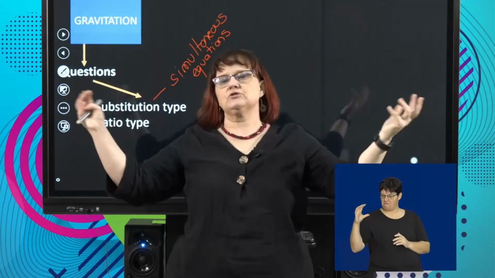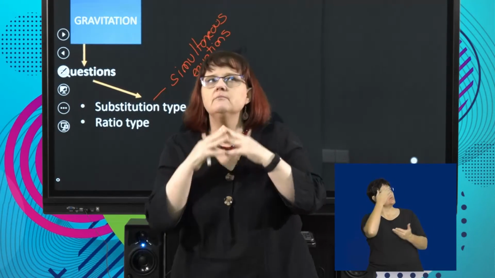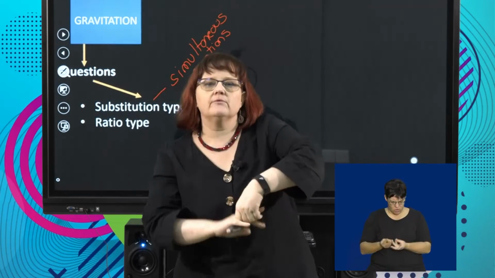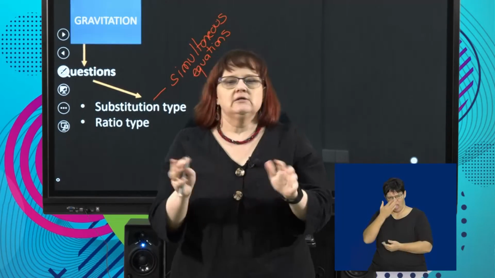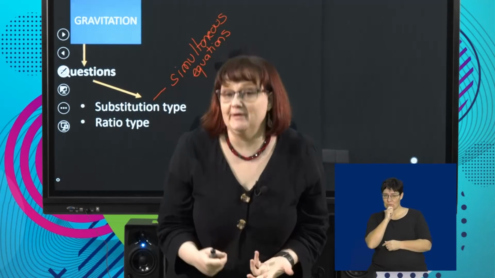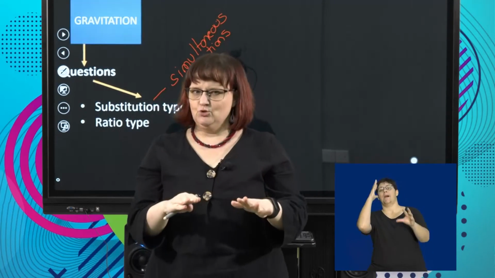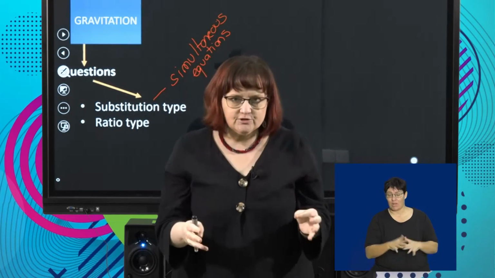What would the force be that something will experience? And you're like, I don't know the mass of the Earth or the radius of the Earth, so they're not substitution questions. They have to use a ratio, and I'm hoping that I'm going to be able to show you a trick to those, okay? But don't stress about it.